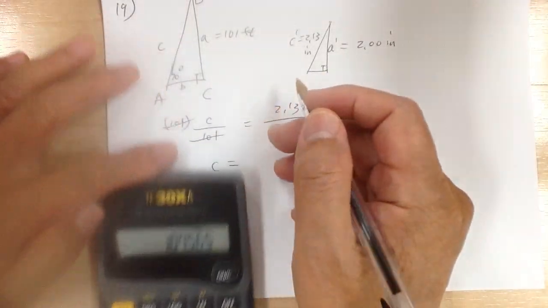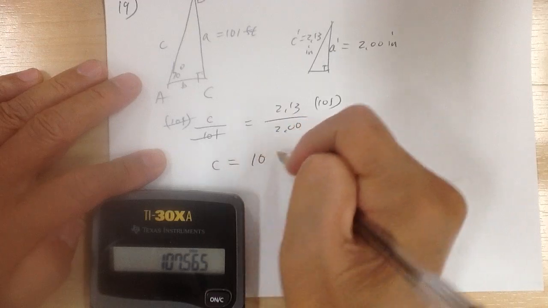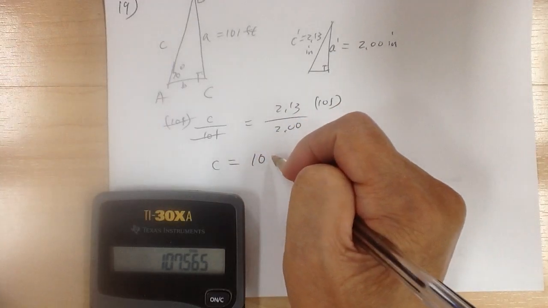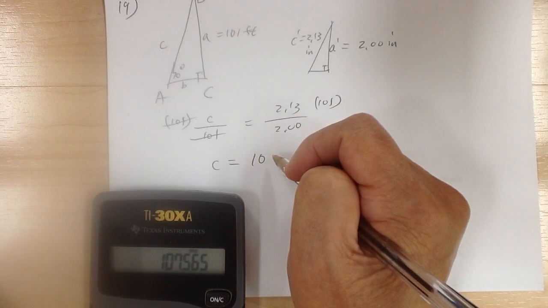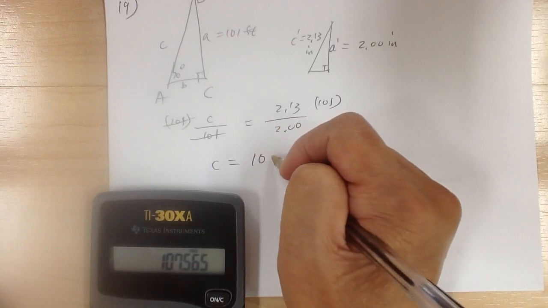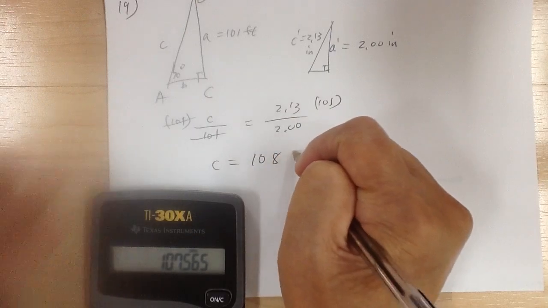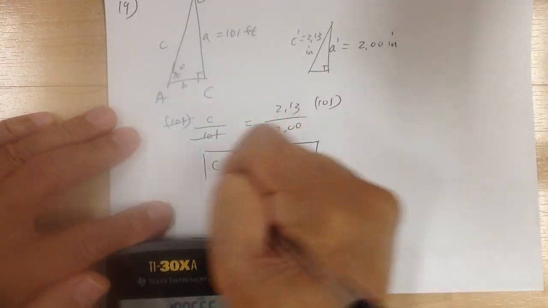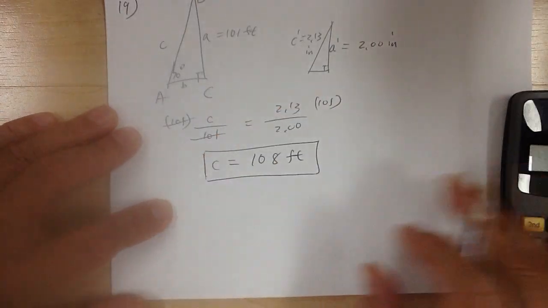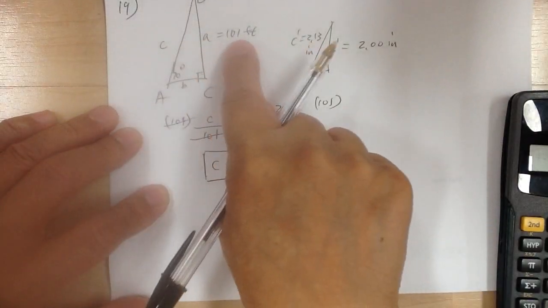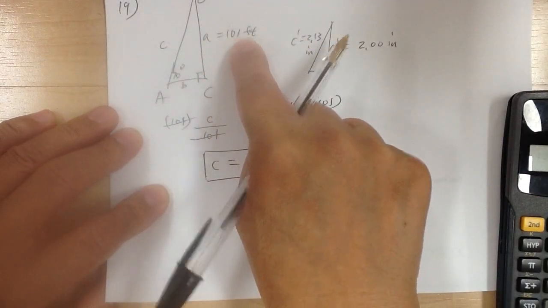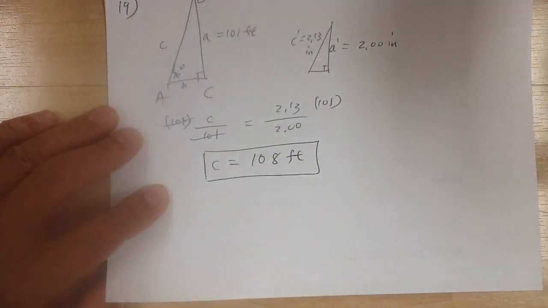C will equal about 107.5. Does it say anything? No, it doesn't say, so you can just round up to 108. 108 is fine, in feet. If it doesn't tell you how many decimals, you just follow what it's giving. This one has to round to units, so you just follow that.